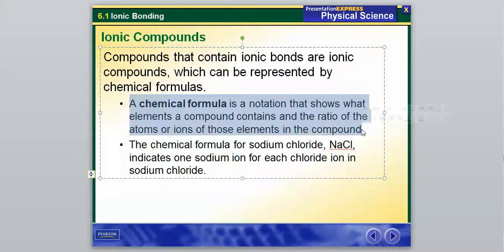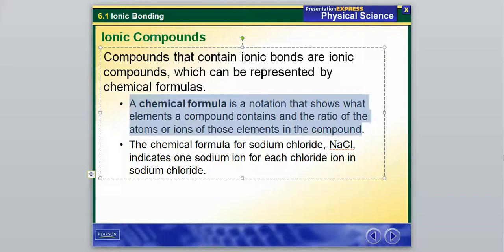The chemical formula for sodium chloride is NaCl. These are the two elements involved, Na and Cl, and this indicates that one sodium ion for each chloride ion is in sodium chloride. It's a shorthand representation that shows what elements a compound contains and the ratio of those atoms or ions.